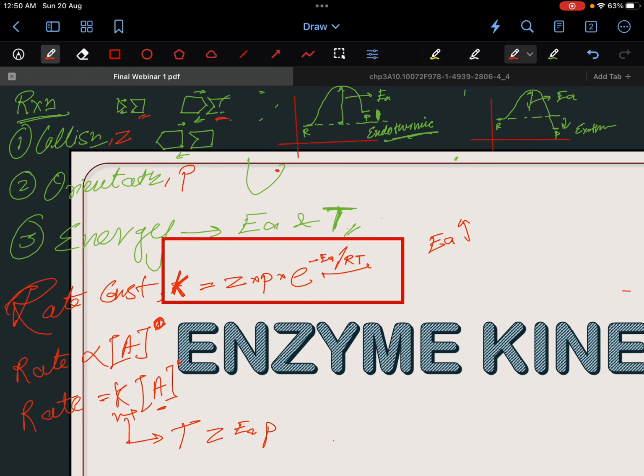It is very low. Ea is very high, that means Ea by RT is very high. But since there is a negative sign, the overall exponential part becomes very low, so the rate constant is very low, so the rate of reaction is very low.